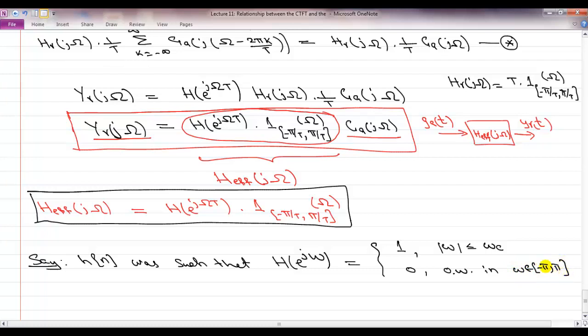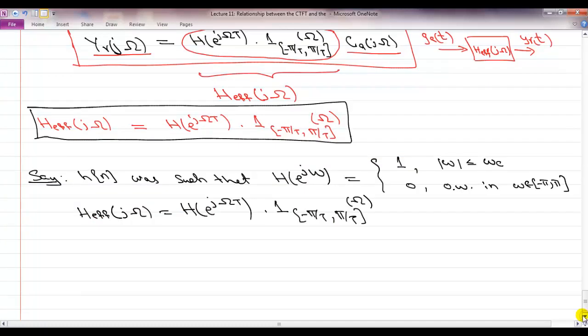Of course, it has to periodically repeat itself. If this was the case, what it is saying is, if you implement this discrete time filter in your block diagram, effectively what is happening is you are actually doing a continuous time filtering, where the continuous time filter is given by just H(e^{jΩT}) times 1 on minus π/T to π/T in Ω.